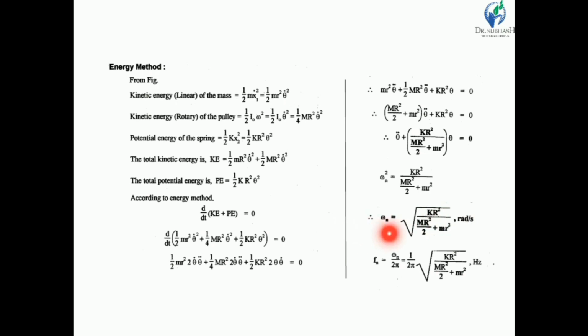So omega n is equal to root of capital K into capital R square divided by capital M capital R square by 2 plus m r square. So finally we get the natural frequency is equal to 1 upon 2 pi under root capital K into capital R square divided by M R square by 2 plus small m r square. Thank you.